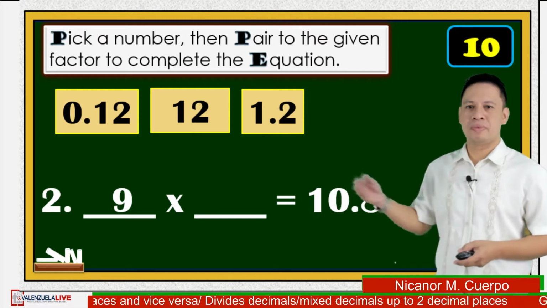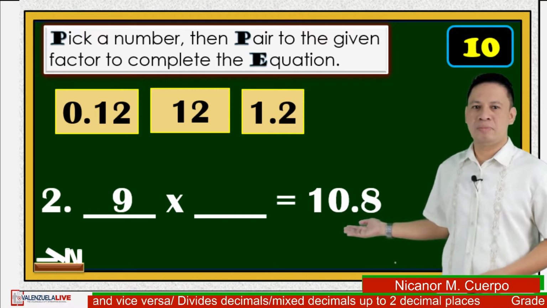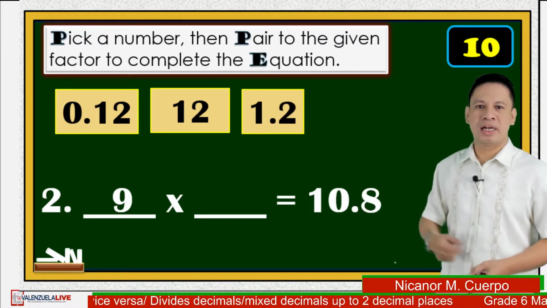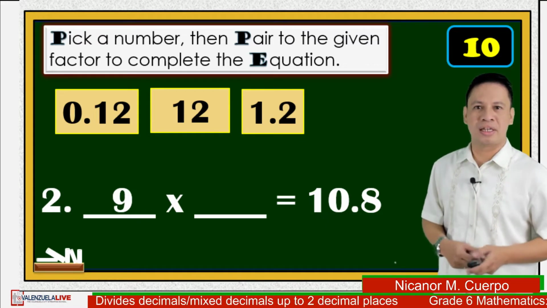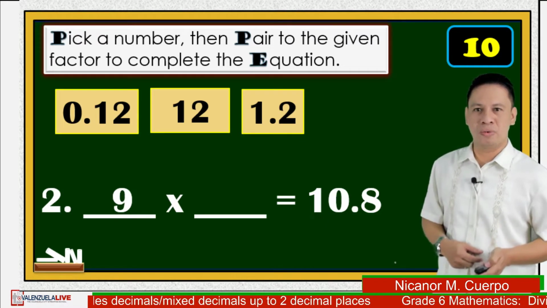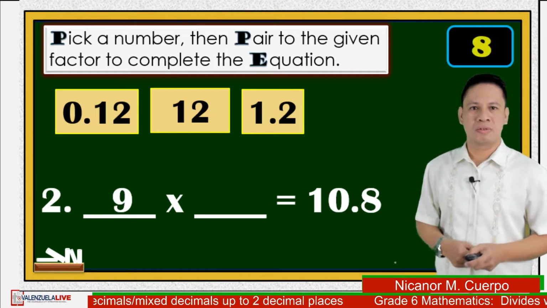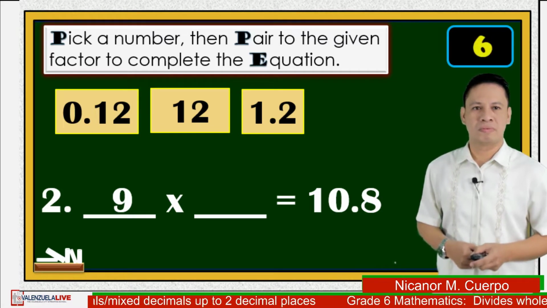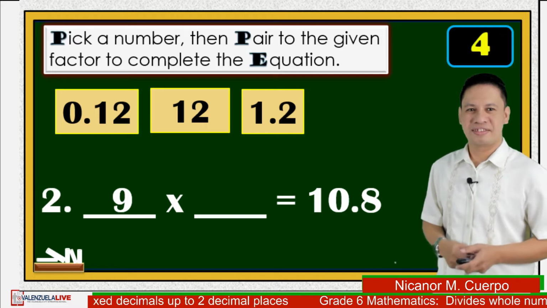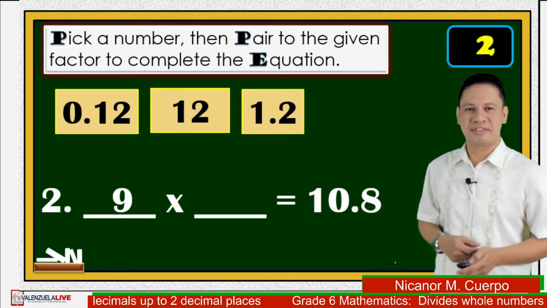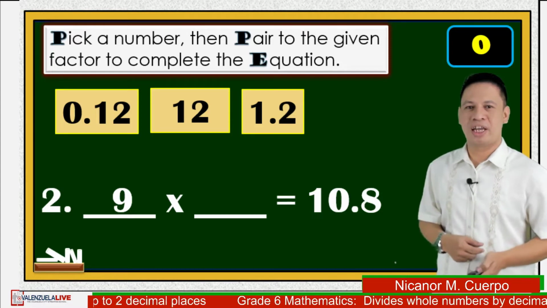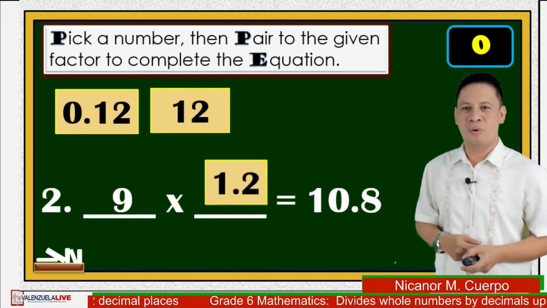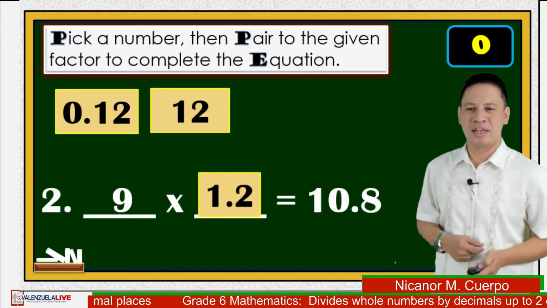Number 2, 9 times blank equals 10 and 8 tenths. PPE, go. Okay, time's up. The correct answer is 1 and 2 tenths.